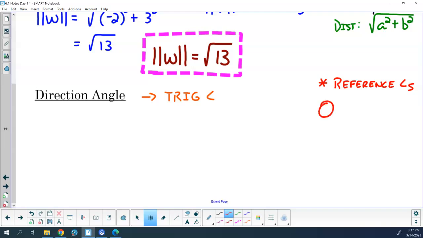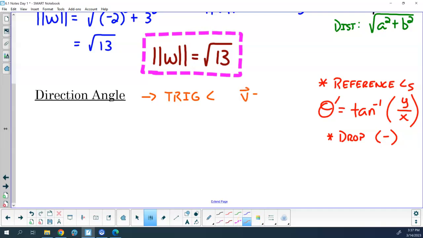So the reference angle, theta prime, is going to be the inverse tangent of y divided by x. And remembering that we are going to drop any and all negative signs from x and y. So again, if my vector v is of the component form x comma y, we would drop any negative signs. We would find the inverse tangent of that.